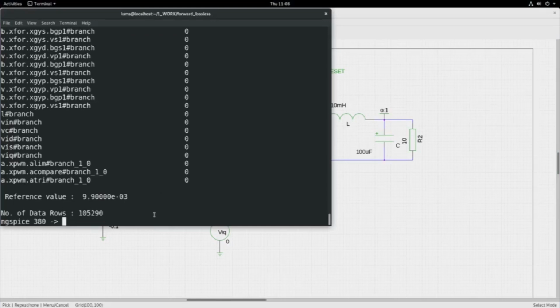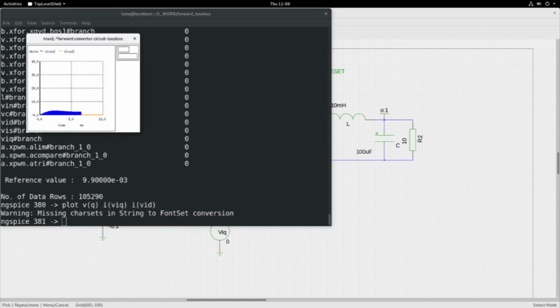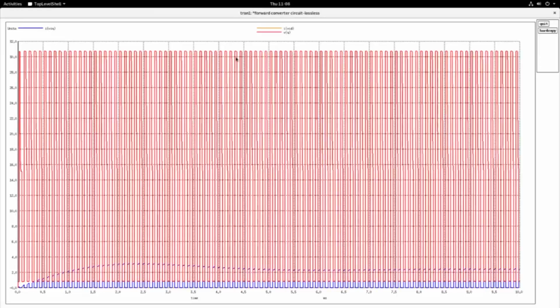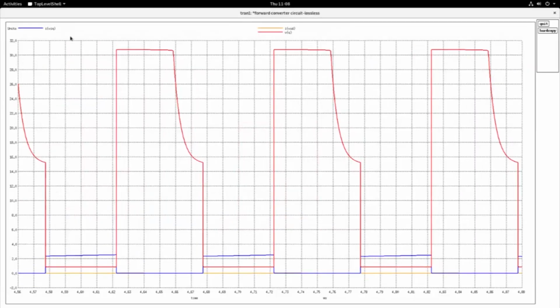So we can plot VQ and VIQ and VID. Let me just see a couple of cycles here, 2 or 3 cycles, so that it is clear.